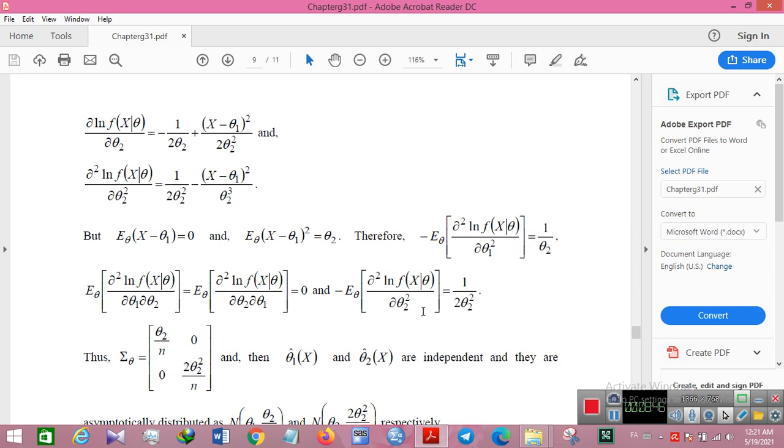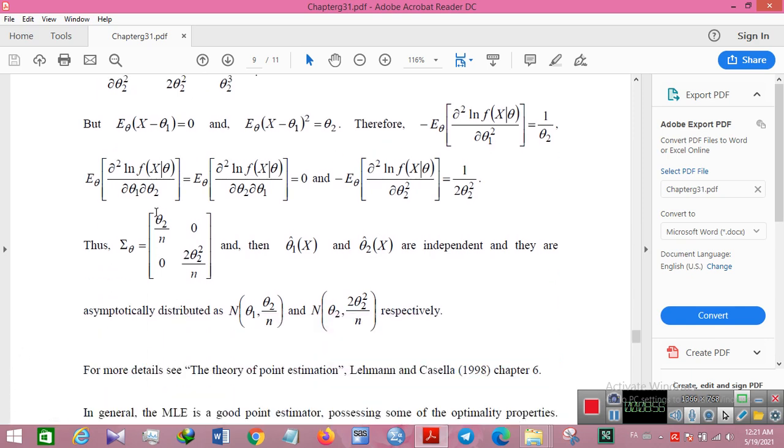The expectation of the second derivative with respect to theta 2 is that one, and you can find the variance covariance matrix as that.